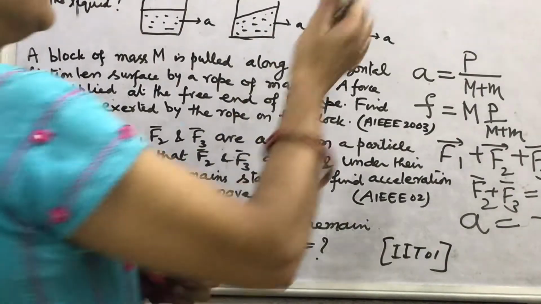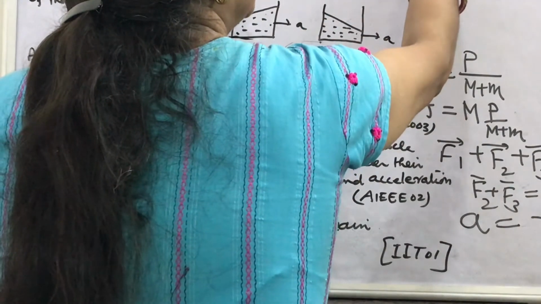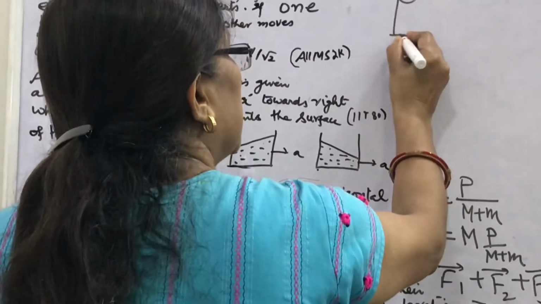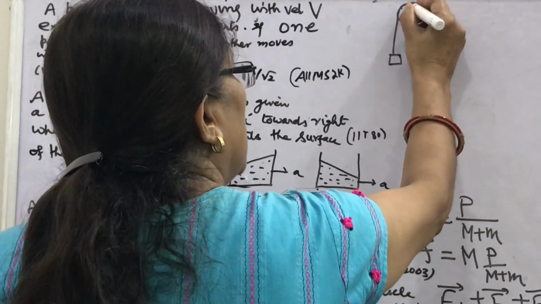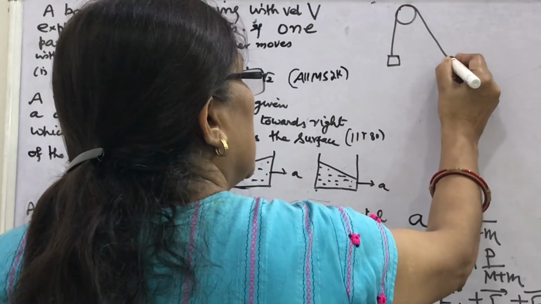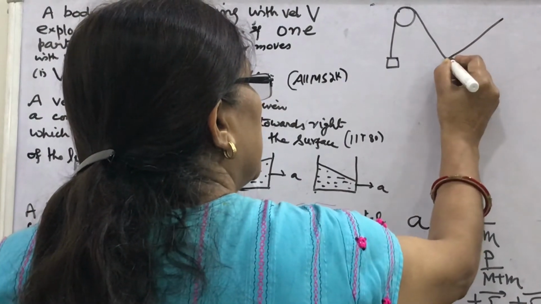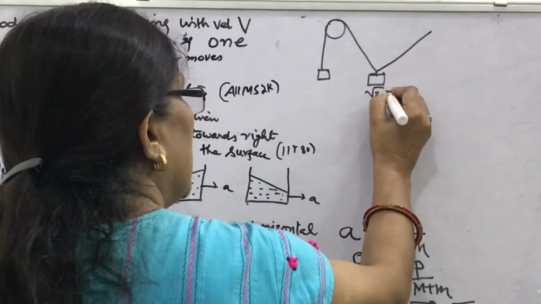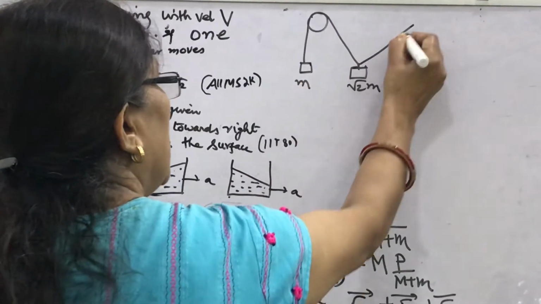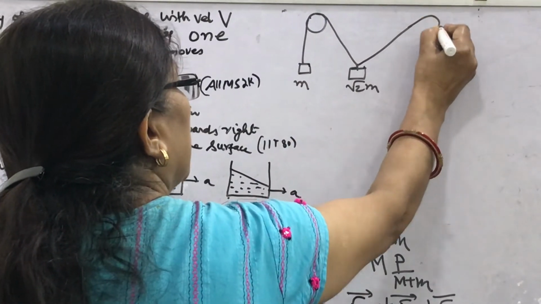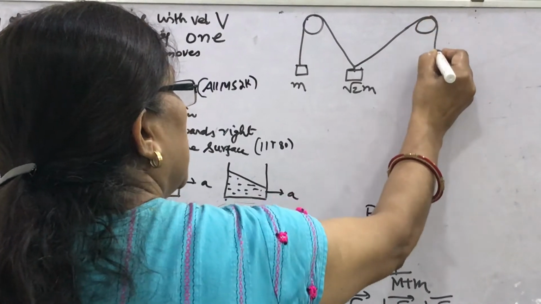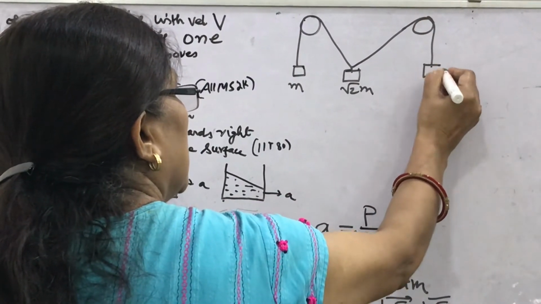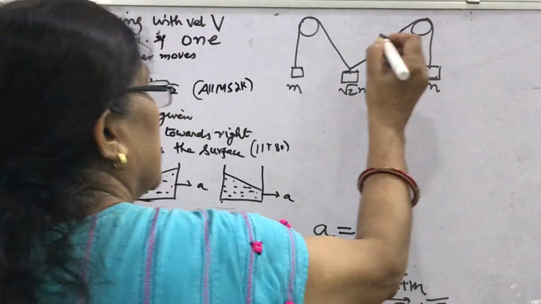Look, this question is given in this way: here the mass m, and at this point the mass root 2m, and from the pulley the other mass m, they are suspended like this.